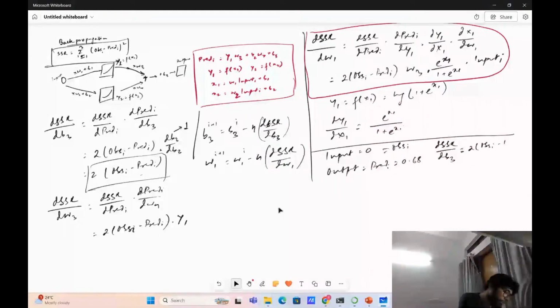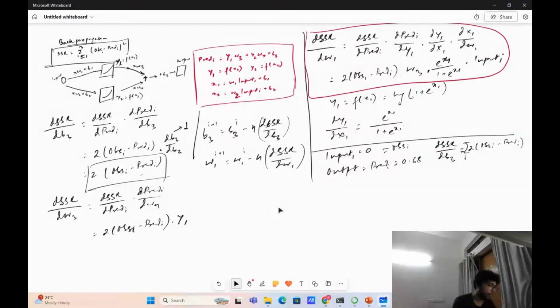Note that there is actually a summation sign. You have to sum over all inputs, and here we are only taking the first input. So you put the second input, that is dosage value 0.5, and again you calculate the predicted value, which should be something different, and again you calculate for the third input, that is dosage value 1.